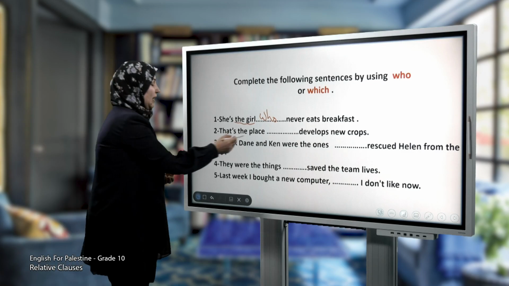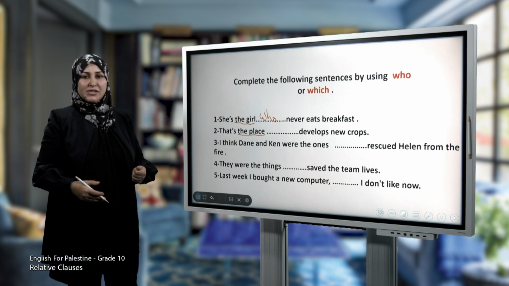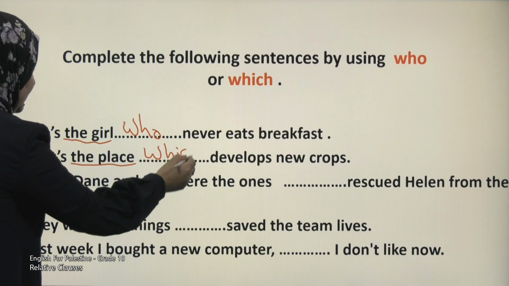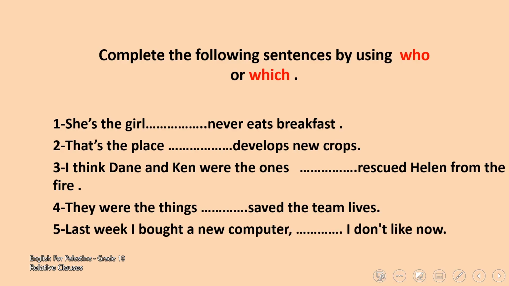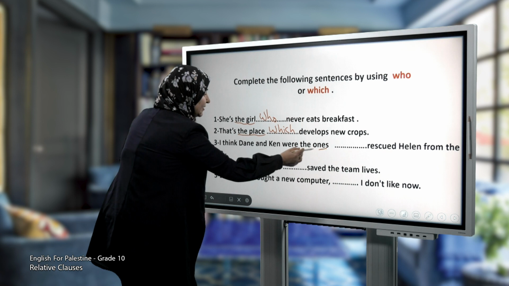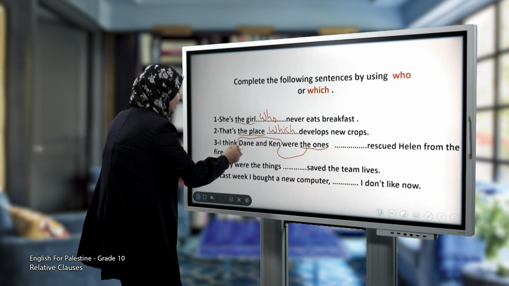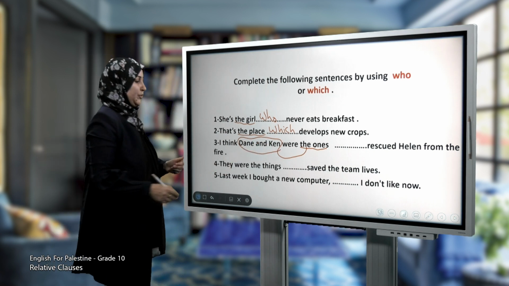Here we are talking about the place, which is a thing, so we use which. Number 3: I think Dan and Ken were the ones who rescued Helen from the fire. Here we are talking about Dan and Ken, and they are persons, so we use who.